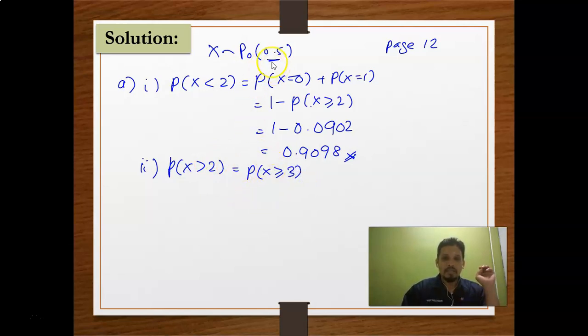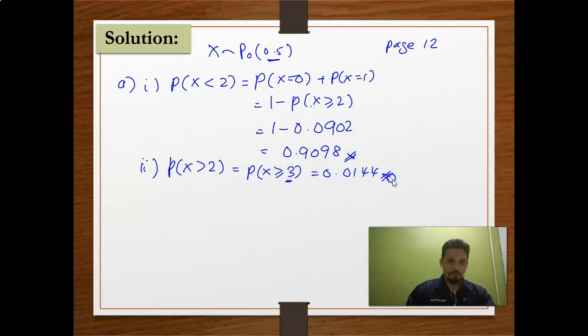Still the lambda is 0.5, with r equal to 3. The value here is 0.0144.